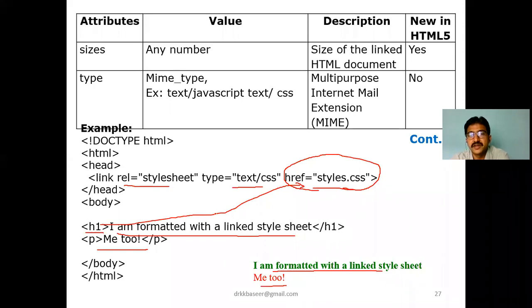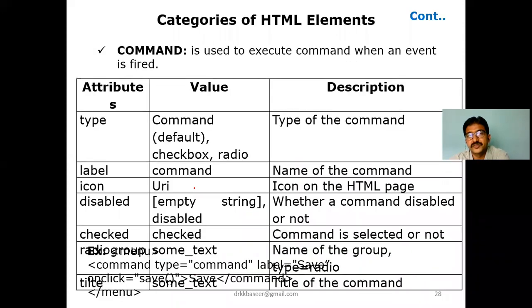We can make it like this also. But the purpose of this example is how we use a link element and how its attributes rel, type, href are used. That is the focus, not how we display the messages. The only focus is on the link element. Similarly, the next command.